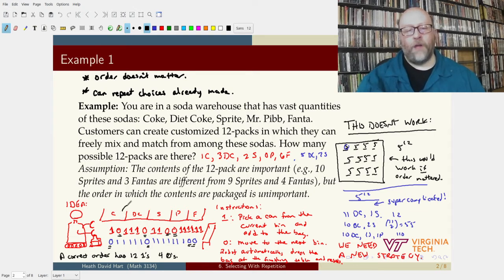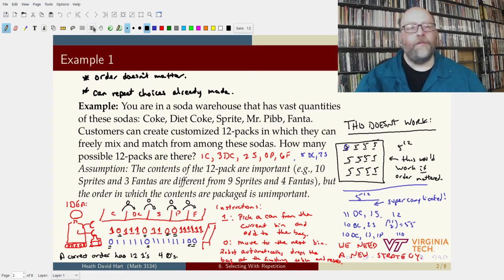Wants to move from the Coke bin to the Diet Coke bin, wants to move from the Diet Coke bin to the Sprite bin, wants to move from Sprite to Mr. Pibb, and then wants to move from Pibb to Fanta. And we have to put those at the end of the order to get the robot to the end of the table. And so our protocol is any string of 16 bits, 12 plus 4, that has 12 ones and 4 zeros should be a correct order.